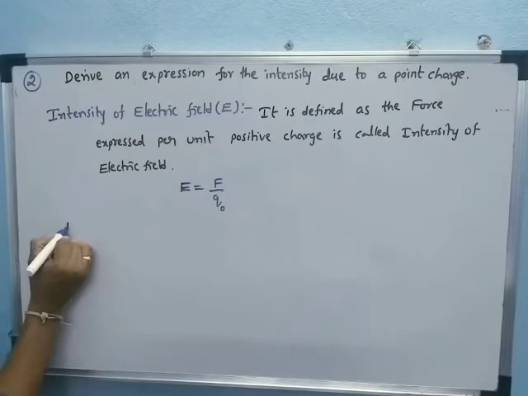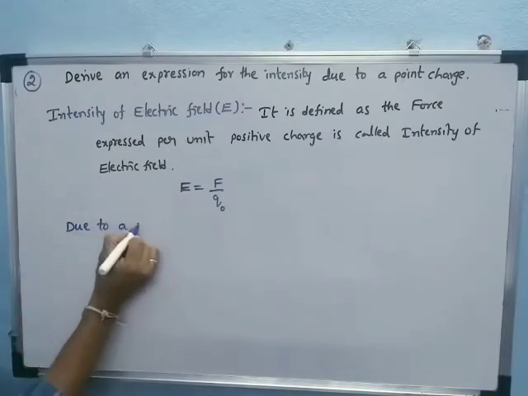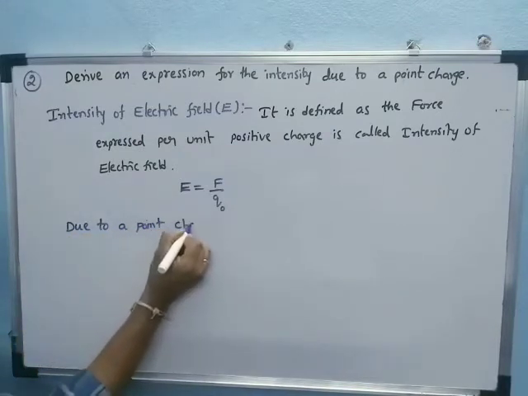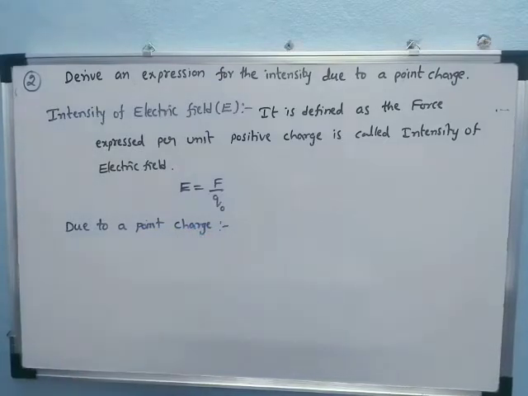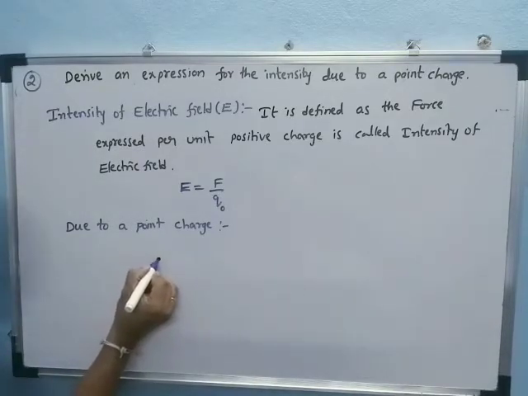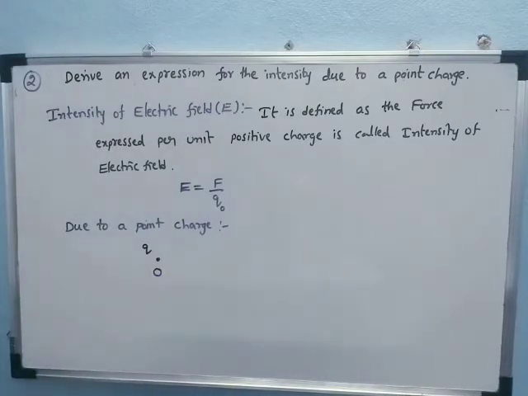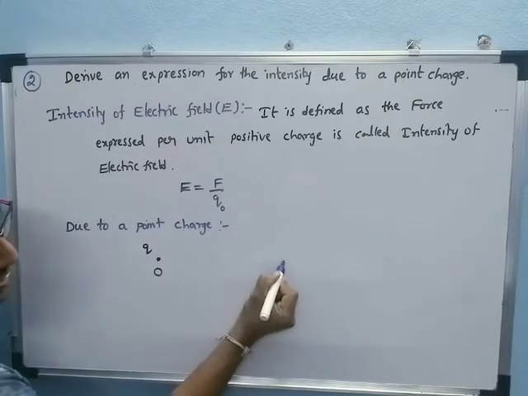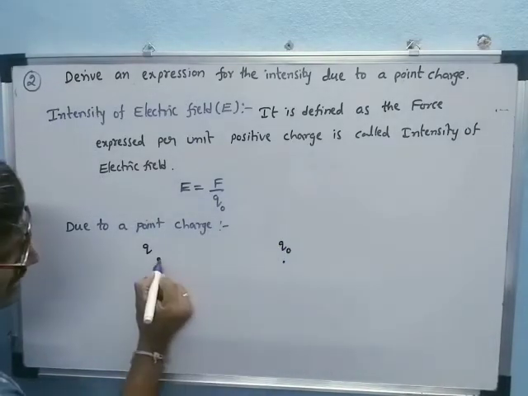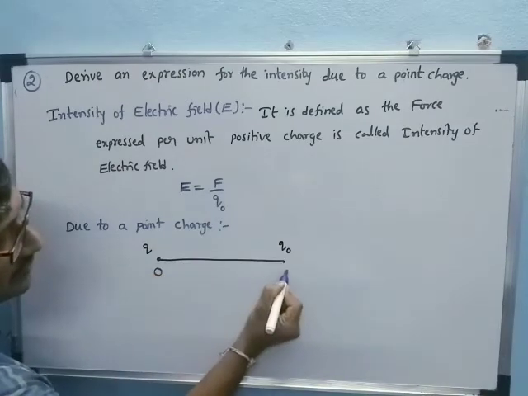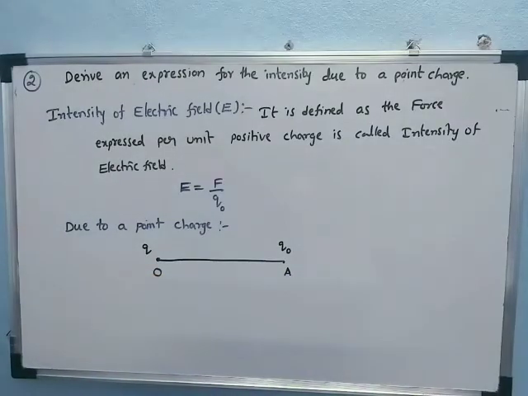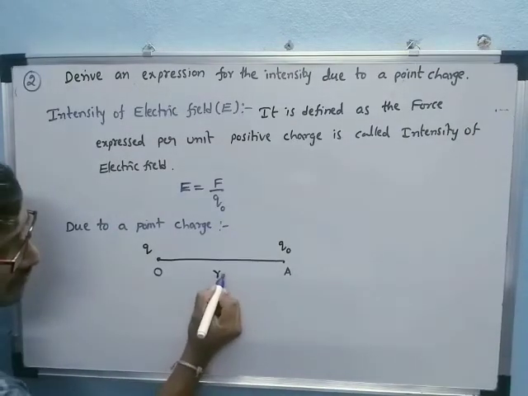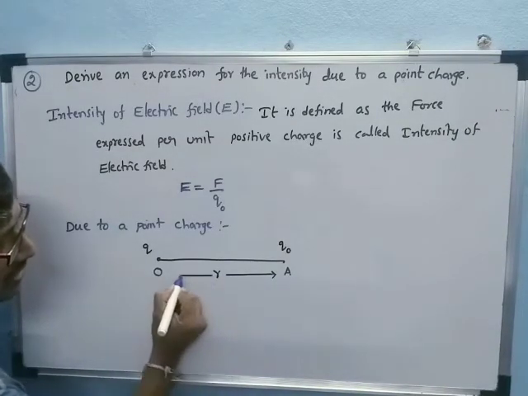Let us consider a point charge Q placed at point O, and another charge Q naught at point A. These two charges are separated by a distance of small r.